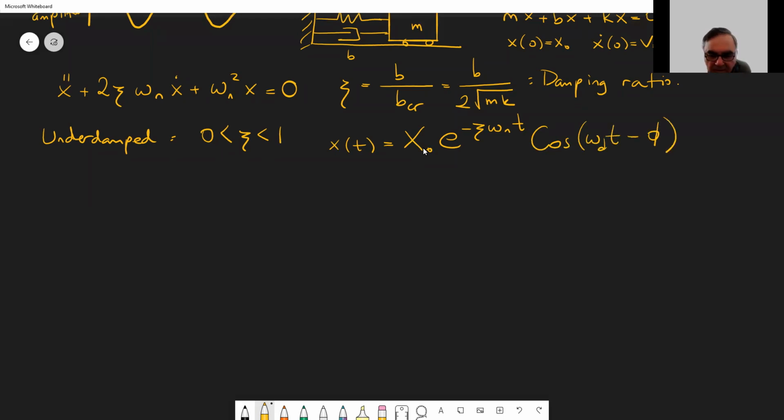Now note that this is the damped natural frequency. Omega d is omega n root 1 minus zeta squared.